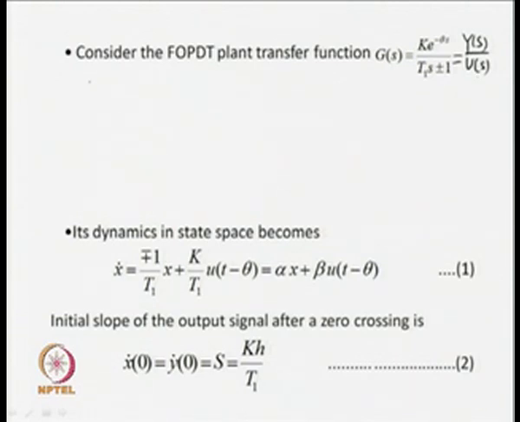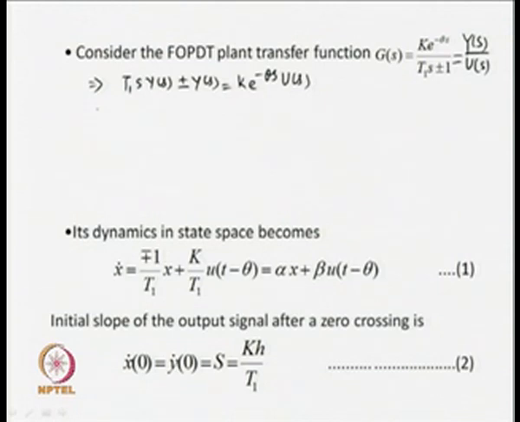Then cross multiplication will result in T1 s Y(s) plus minus Y(s) is equal to K e to the power minus theta s U(s).